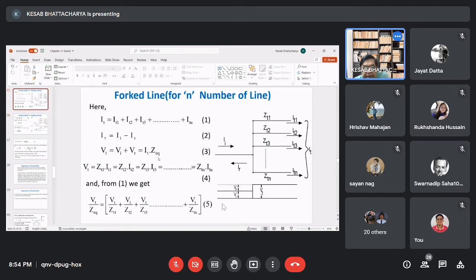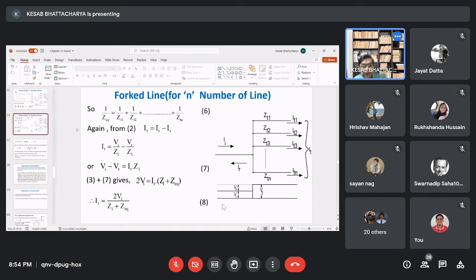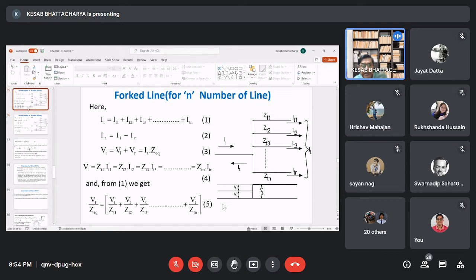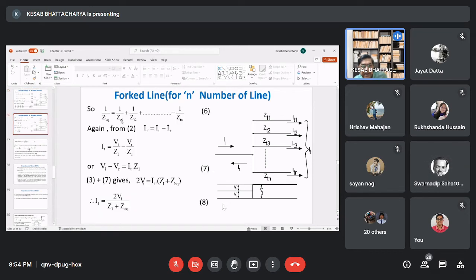This is 3. Up to this, it was okay? Yes, sir. Now, can we write 1 by Z equivalent is equal to this? Yes, sir.